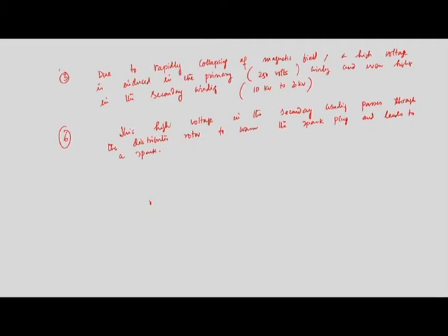So, that is very important. This is the procedure by virtue of which we can have spark in the spark plug. Then this process repeats, and the system is ready for another firing.